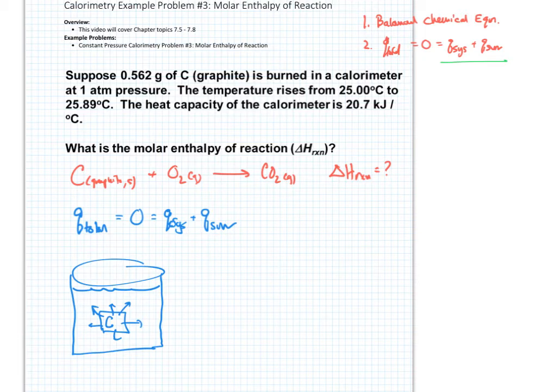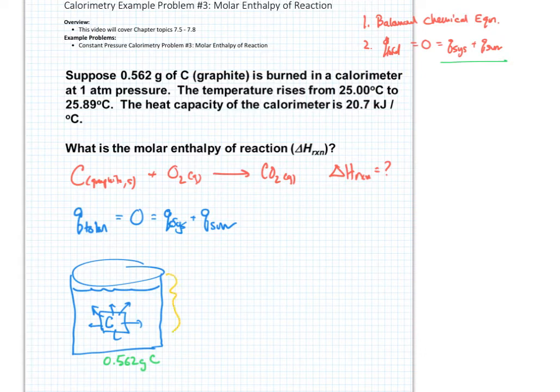It turns out we have 0.562 grams of carbon, and we don't know much else. We don't know how much water is in there. We don't know how big this thing is, but we do know this. The calorimeter itself has a heat capacity of 20.7 kilojoules per degree C. The reason why we don't know that much is it's all been sort of buried into that piece of information.